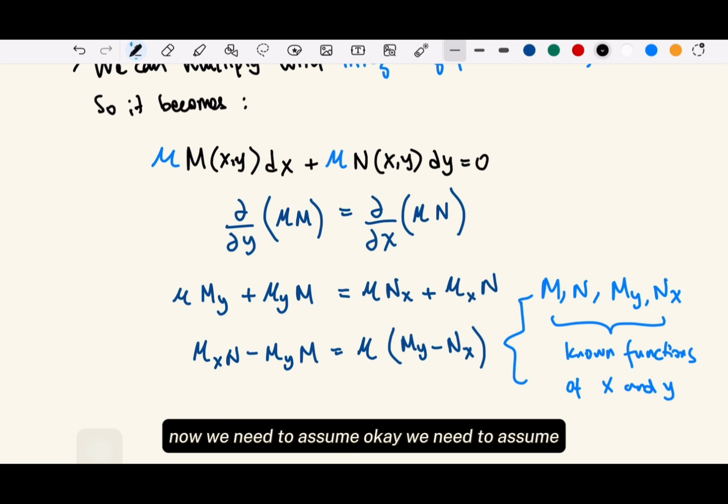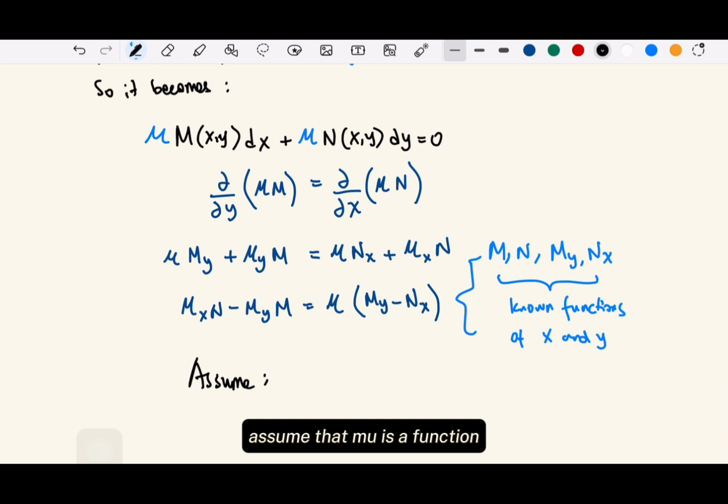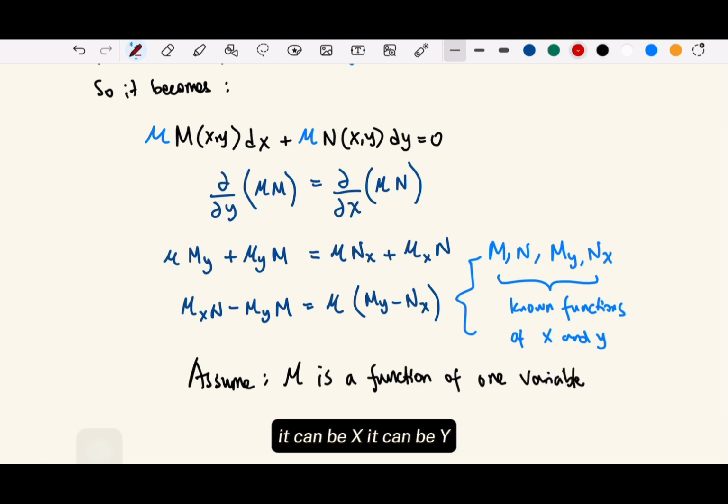Now we need to assume, okay, assume that mu is a function of one variable. It can be x, it can be y.